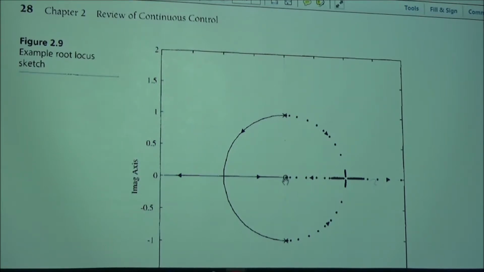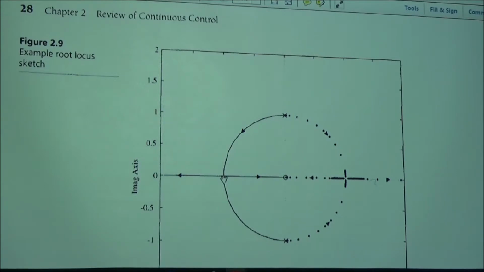In other words, if you go here, you have 1 zero. We don't count that because that's not here. This is part of the root locus. So now you have established that you need two branches leaving from these two poles, coming toward this line, and they arrive at this point.